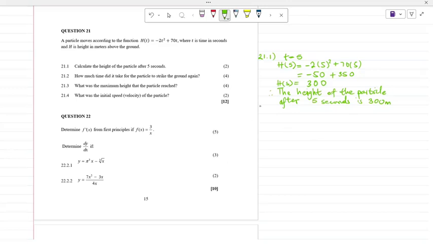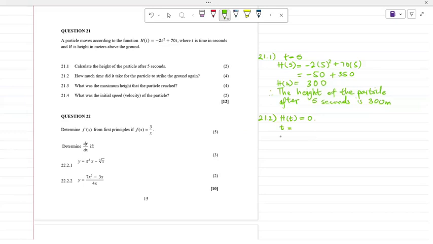We look at the next question, 21.2. They say, how much time did it take for the particle to strike the ground again? So now we interpret this as meaning that h of t equals 0. When will the height above the ground be 0 again? Remember, the height above the ground will be 0 when t equals 0.